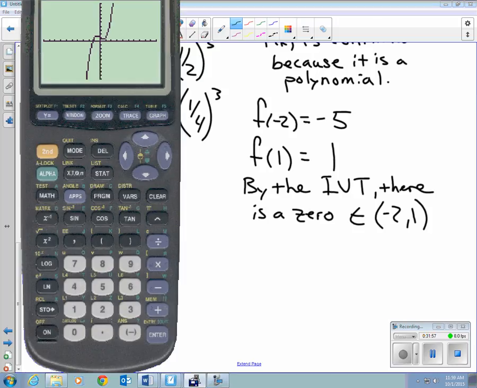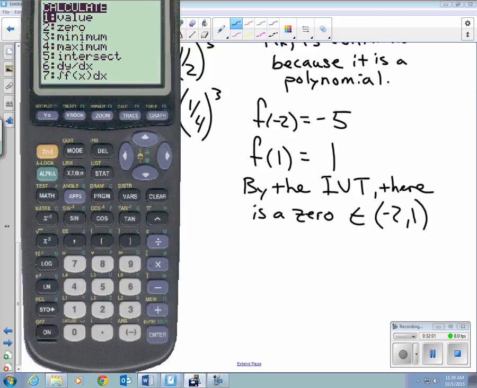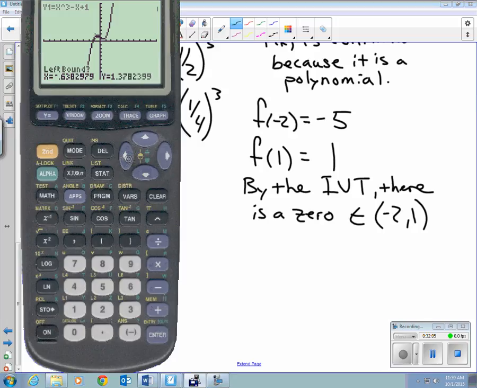If you use brackets, it would also be acceptable. So I'm going to calculate the 0, and I press enter and enter. I don't want to guess. -1.325.